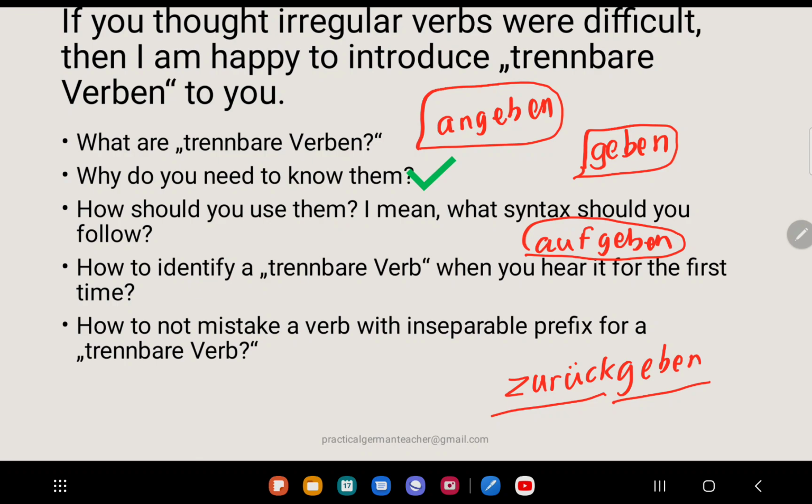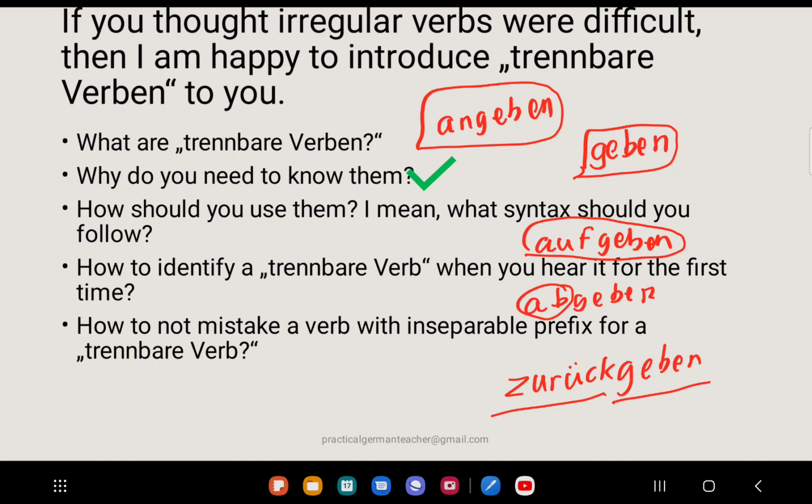And then you have abgeben. It's also not that different from geben, but abgeben means to submit or to hand in. Let's say you're leaving your company, so you will have to hand over your equipment. You can say I'm giving my equipment, but the correct way to say it is handing over your equipment. So there, abgeben is more correct.